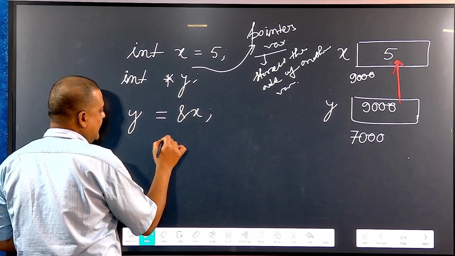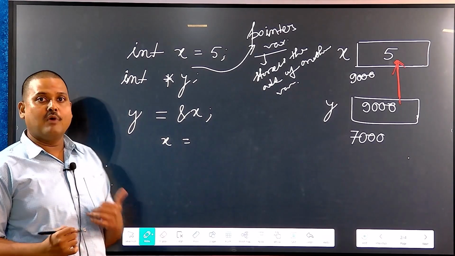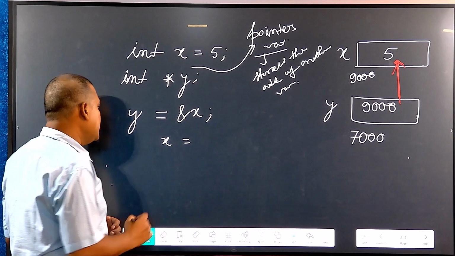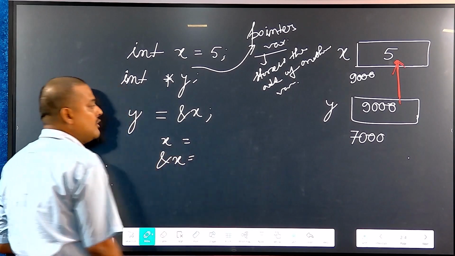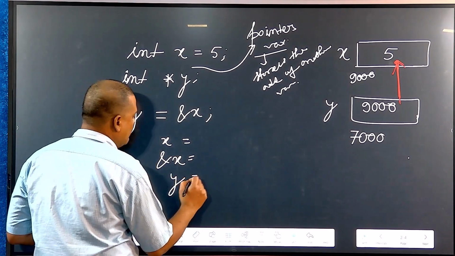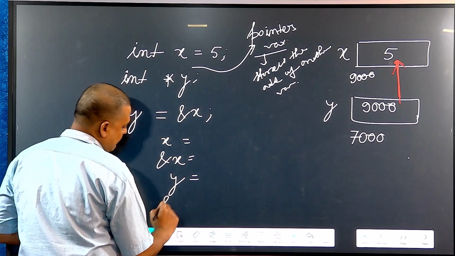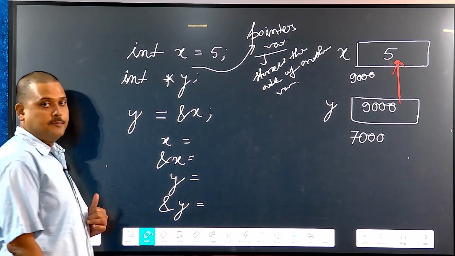I am just writing simply x. Now, if I write x, what will be the output? Just think about this. Then if I write the address of x, what will be the output? Again think. If I write y, what will be the output? Again, if I write the address of y, then what will be the output?